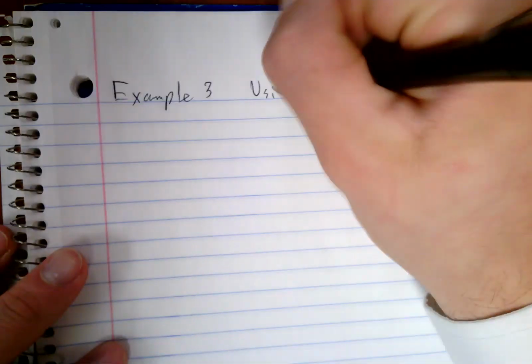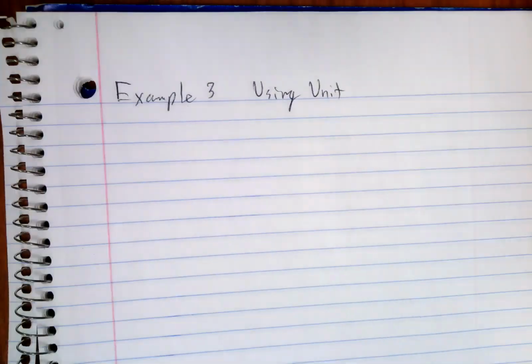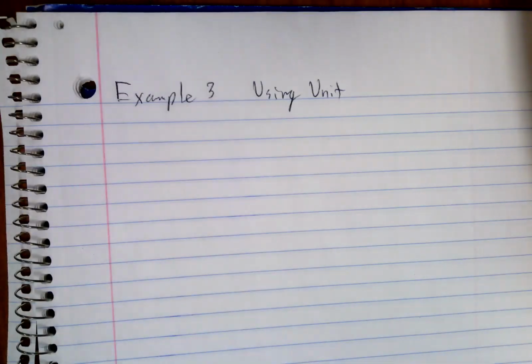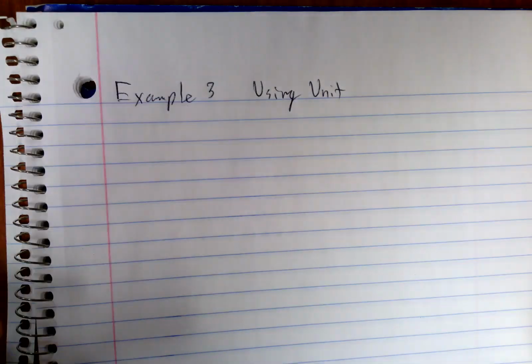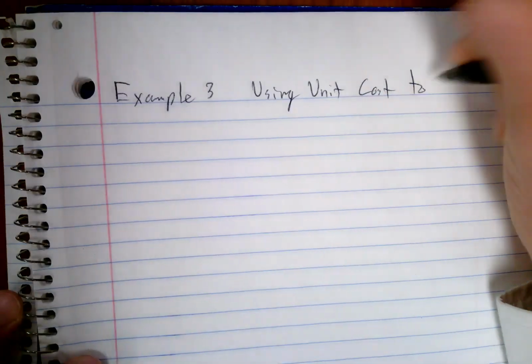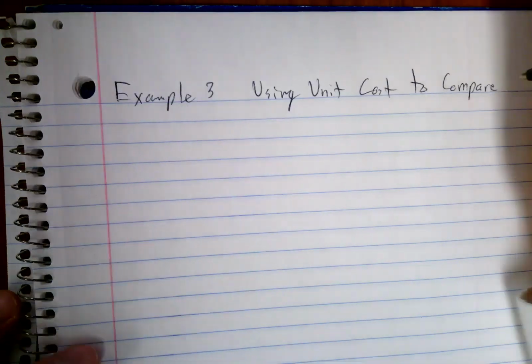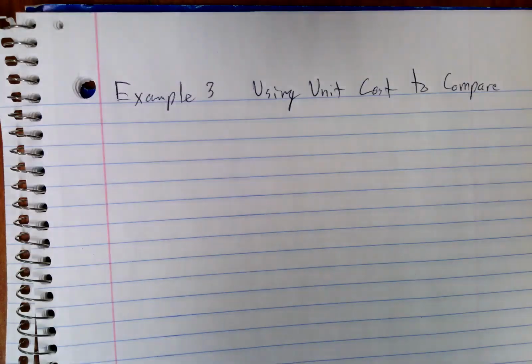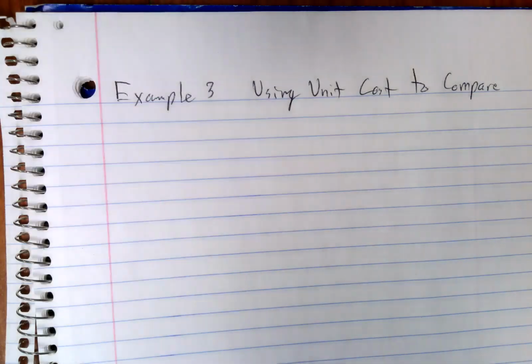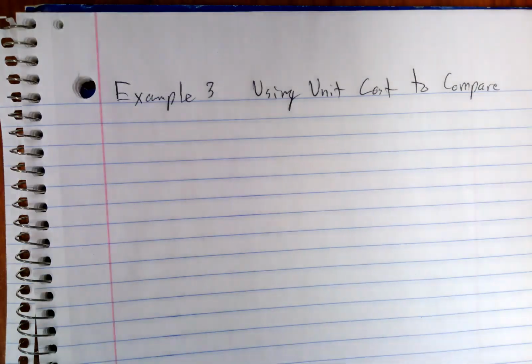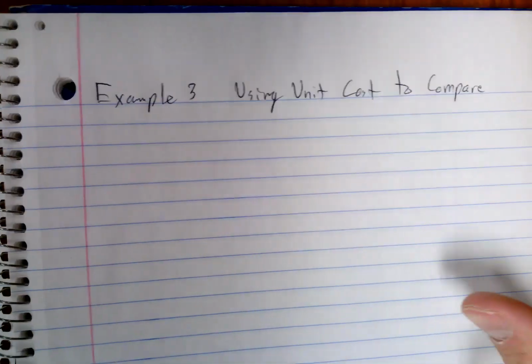So using unit cost to compare. Okay. So this is what you're going to use, like if you buy a 12-ounce can of Mountain Dew versus a 2-liter of Mountain Dew, which one is the better deal?